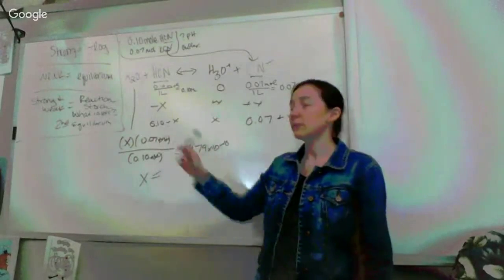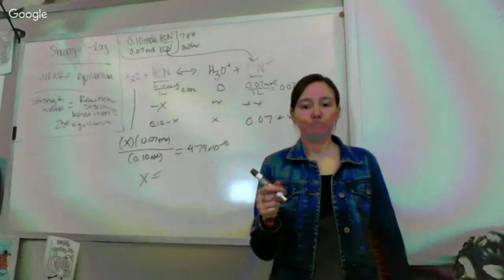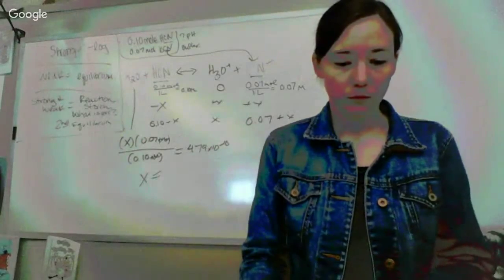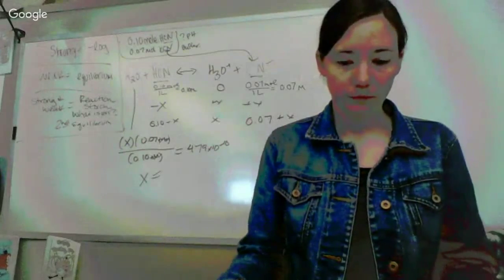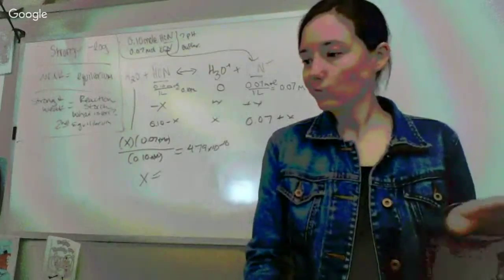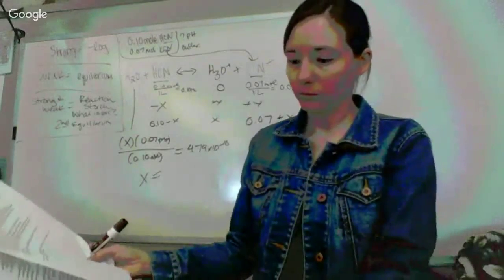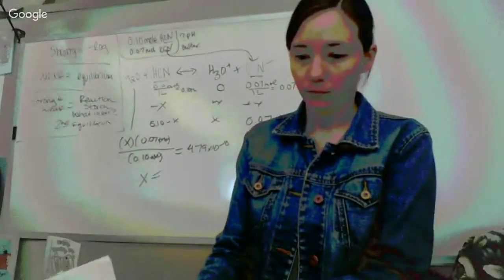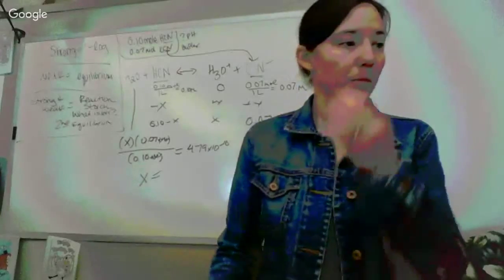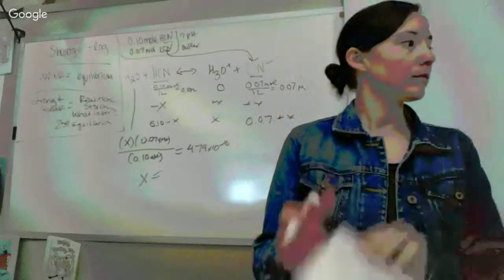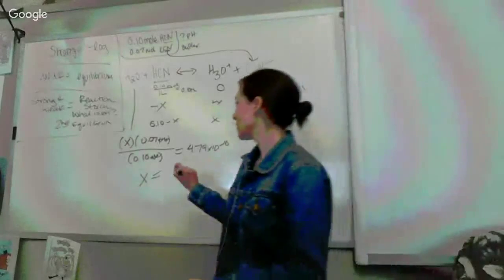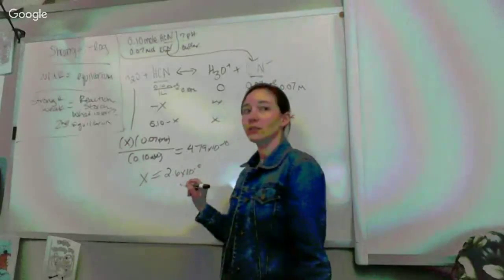0.1 times 4.79 divided by 0.07 gets me what? 6 times 10... Anybody else get that?